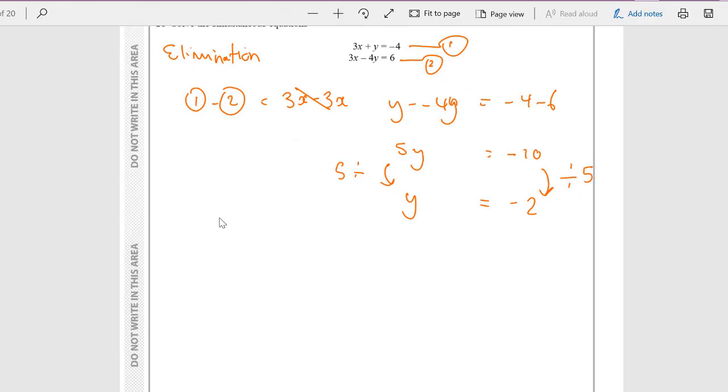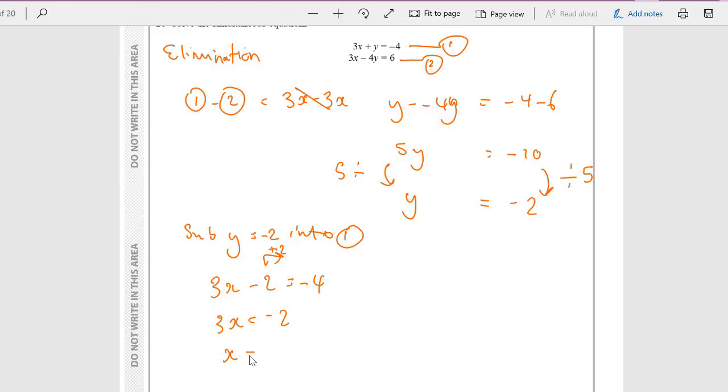And then we can simply substitute y equals minus 2 into, say, equation 1, for example. So 3x minus 2 equals minus 4. Take that to the other side, it becomes a positive 2. 3x equals minus 4 plus 2, which is minus 2.